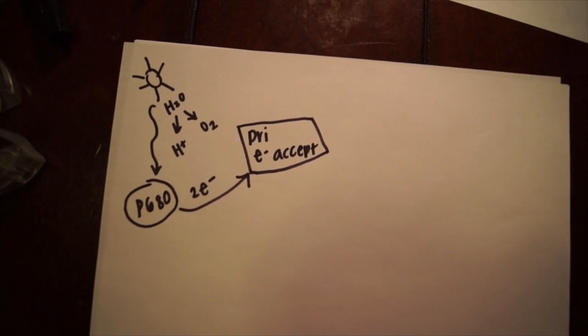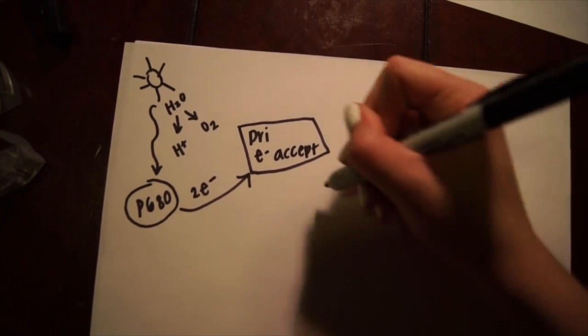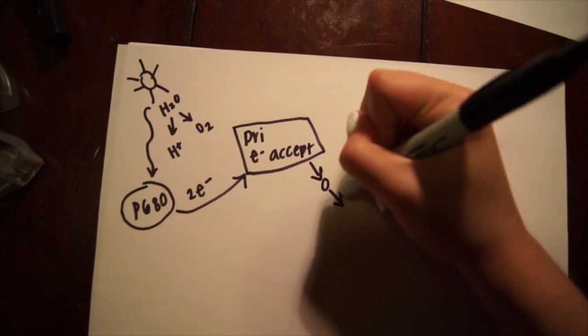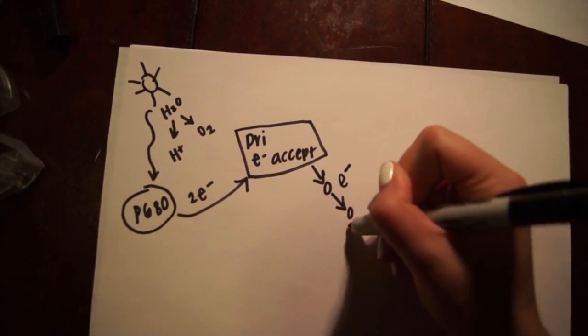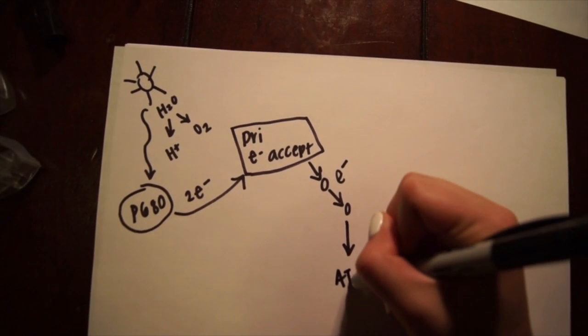Then, the electrons are transferred by the electron transport chain, producing ATP from chemiosmosis.